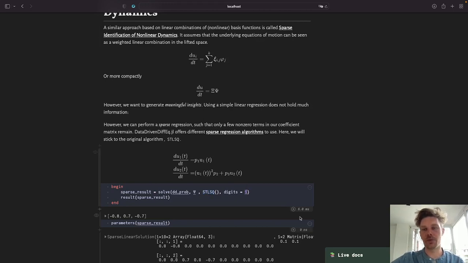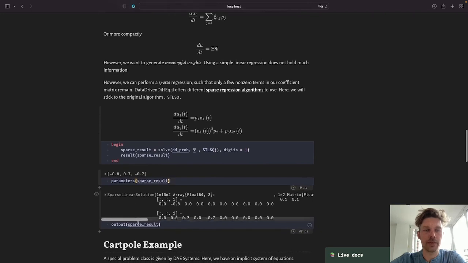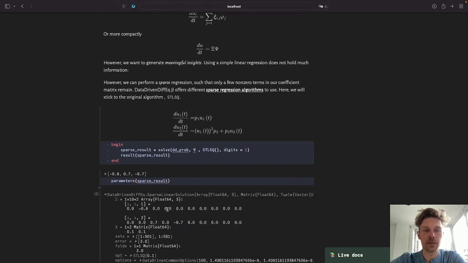And additionally, we round our coefficients or our parameters, so the coefficient matrix here, to 1 digit. And as we can see, we come up with the right solution. Have a look at the parameters here, which also match. And have a look at the output of the sparse regression.